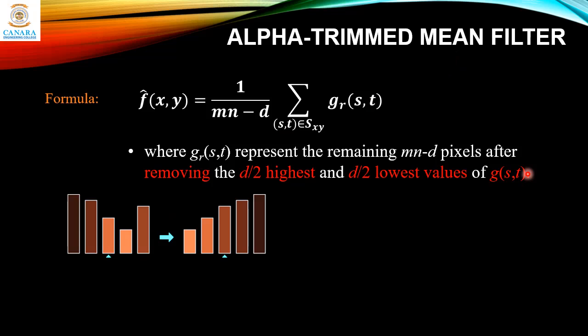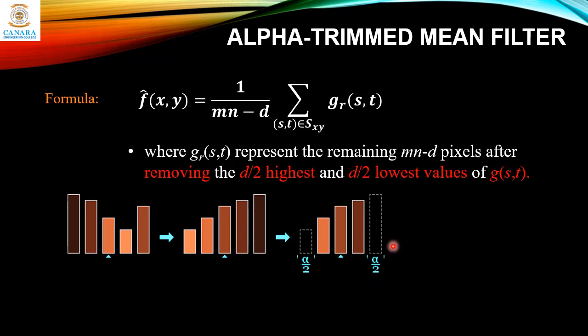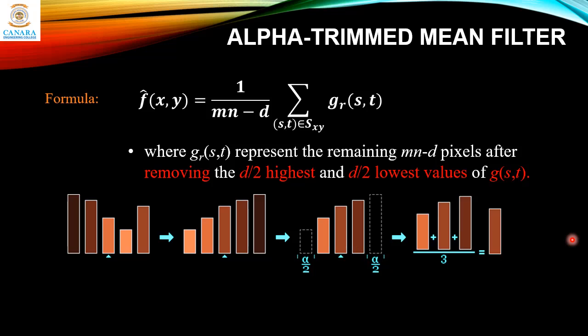So we sort them, then we eliminate the highest values. That is what we call alpha trimmed. This is the alpha lowest value, and this is one more alpha highest value. So we are trimming those alphas. Then we retain the middle values and consider the average, which is the mean. So that's why the name is alpha trimmed mean filter.